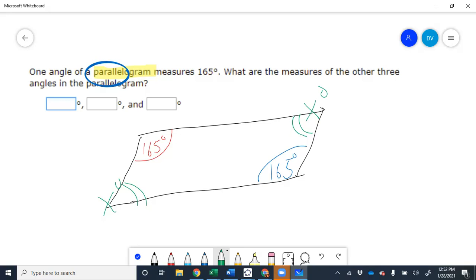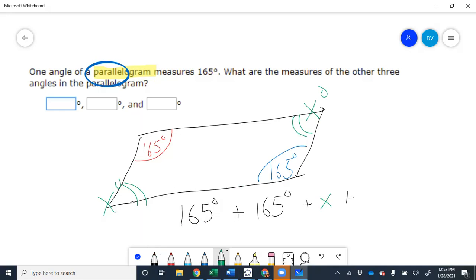So the equation that we'd set up here, we would say 165 degrees plus 165 degrees, plus the other two angles, the x and the other x, added together.